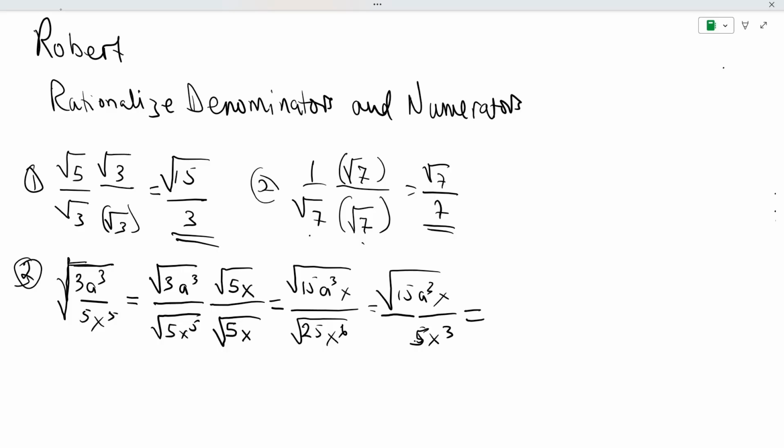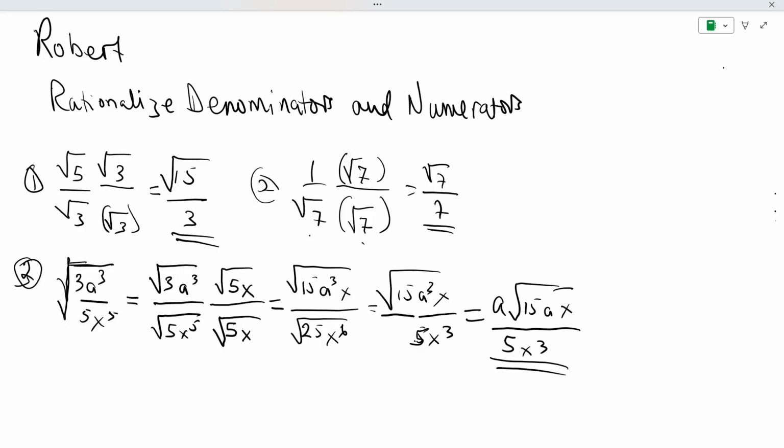So we have a squared, which you can find the square root of, and we bring it out of the square root. So this remains as 15 multiplied by a multiplied by x, divided by 5x cubed. And so this is the expression with the rationalized denominator.